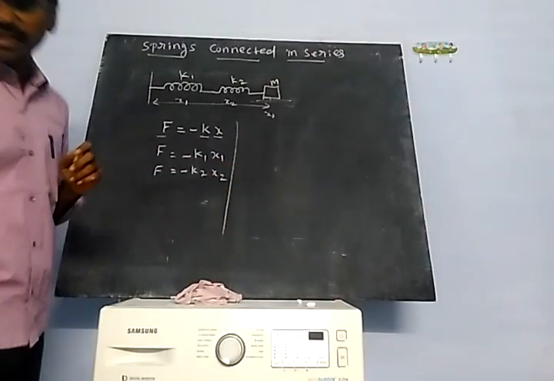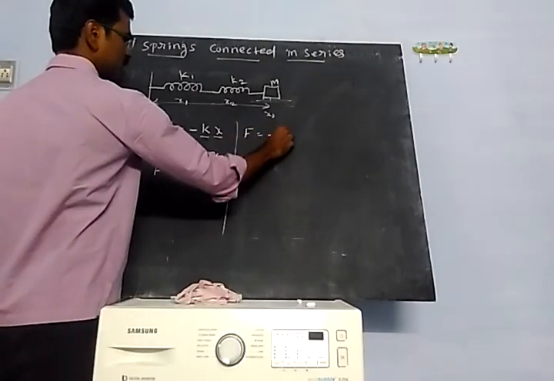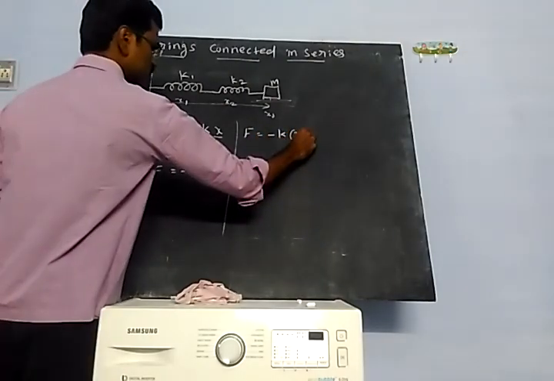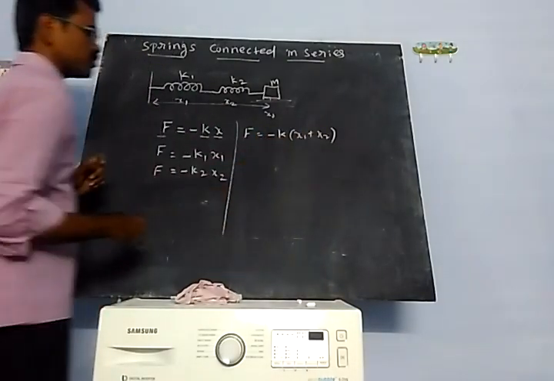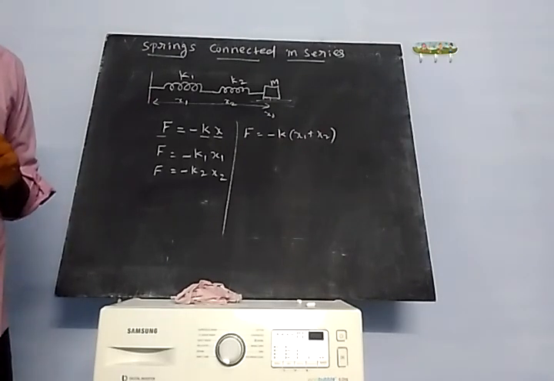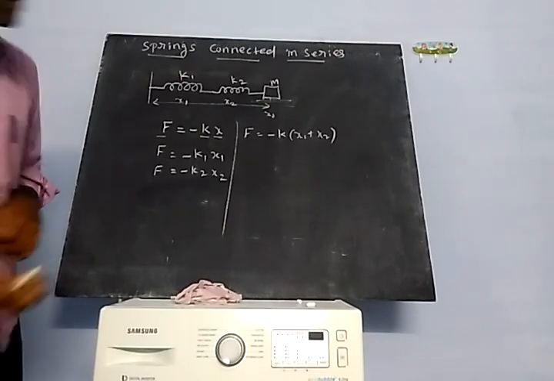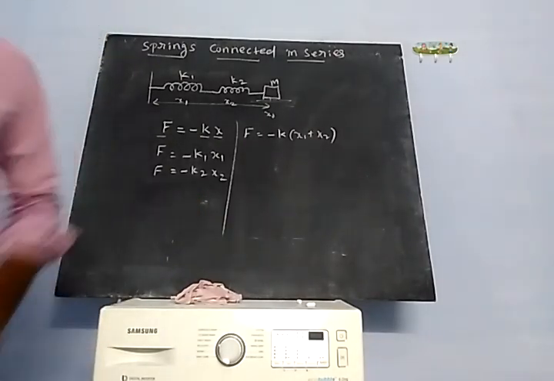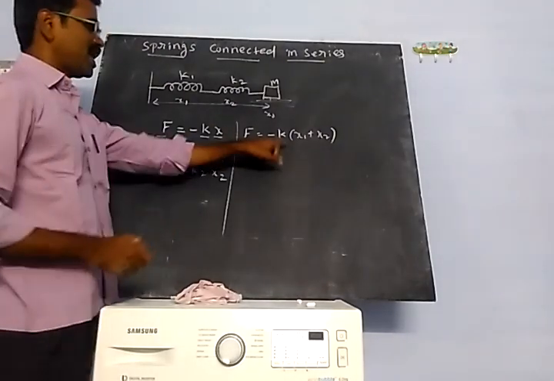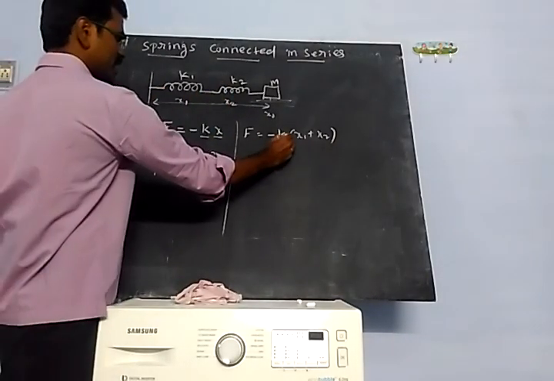Then next, F is equal to minus K of x1 plus x2, where K is the net force constant when the springs are connected in series.